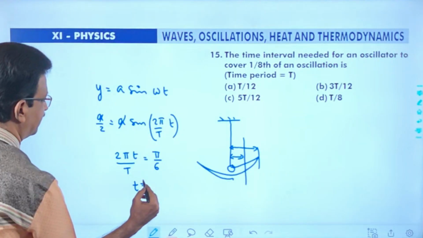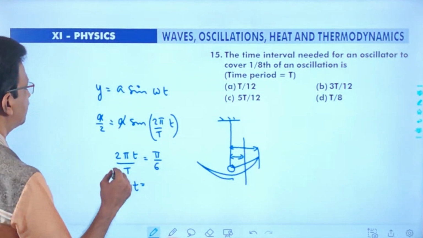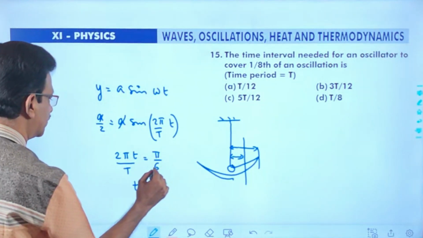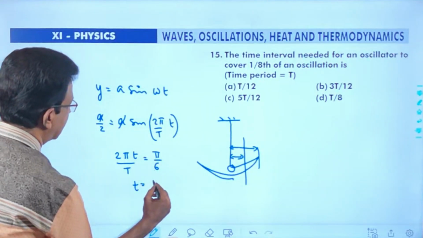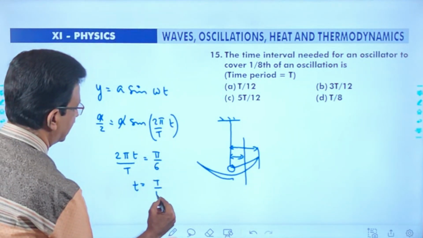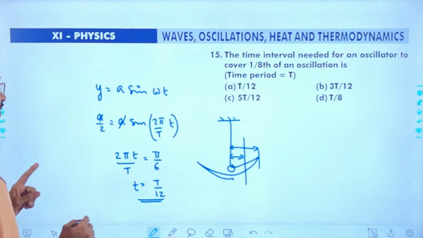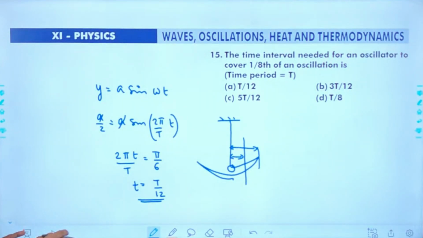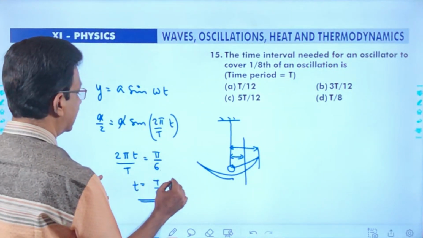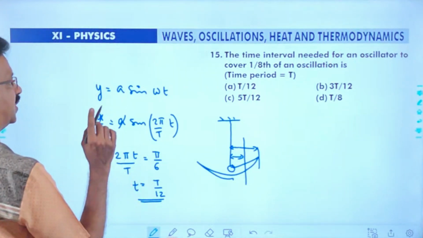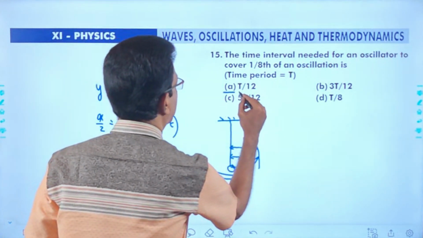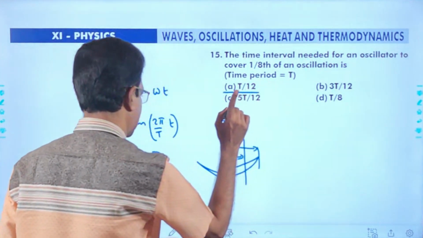Now, the time interval t is T by 12. The time interval needed to cover 1/8 of an oscillation is time period divided by 12, that is T by 12. A choice is the correct answer.